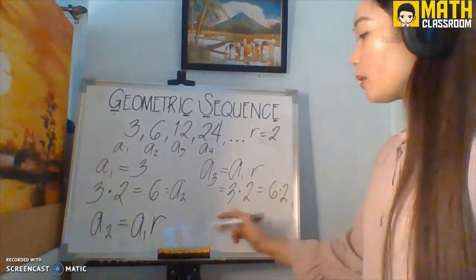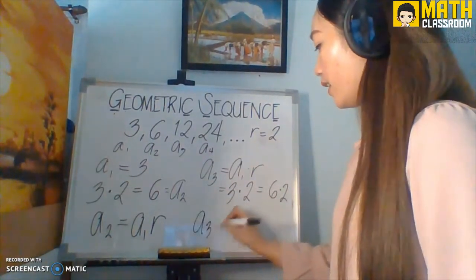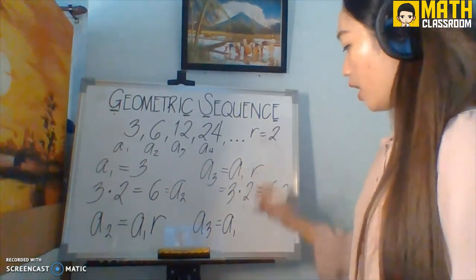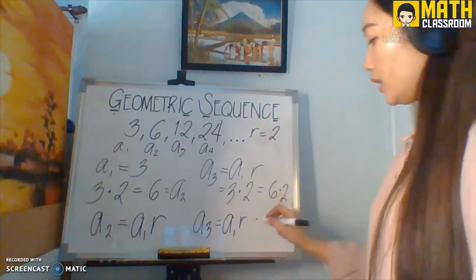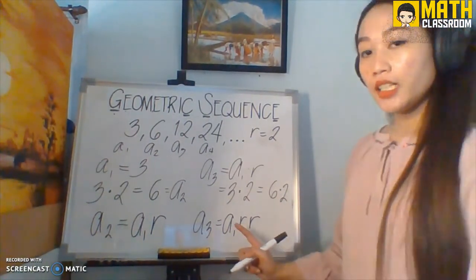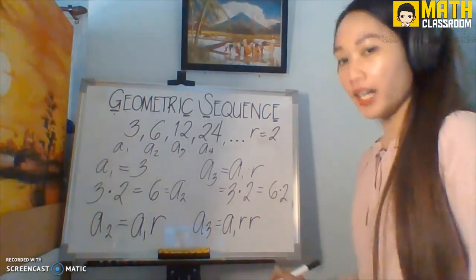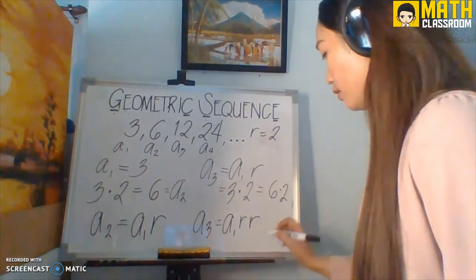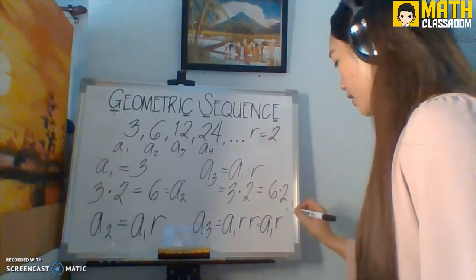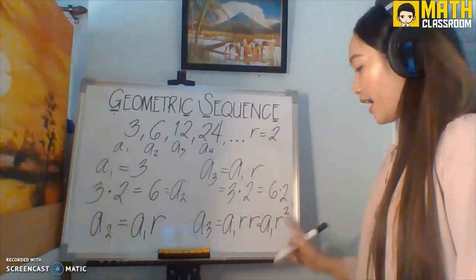So all in all, if we simplify the formula for our a sub 3, you can say that a sub 1, which is our 3, multiplied by r, multiplied by another r. And if we multiply two variables, r times r, that is equal to r squared.